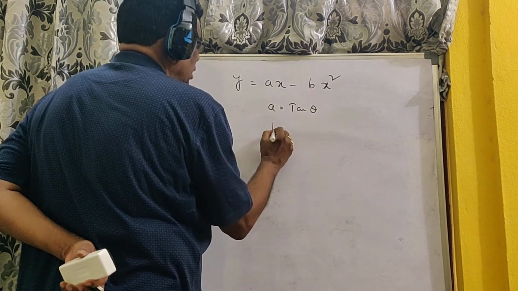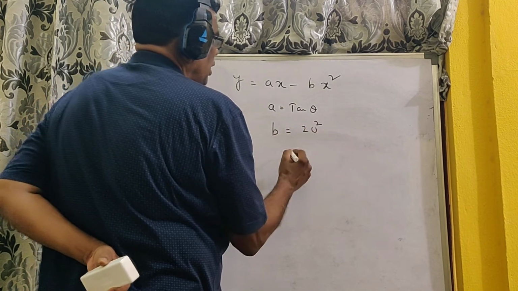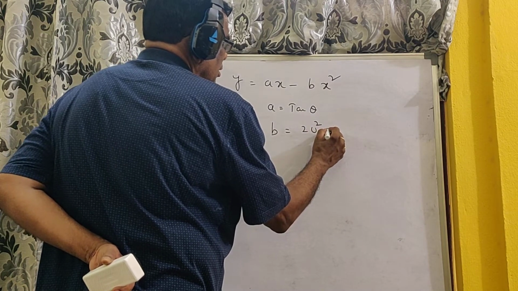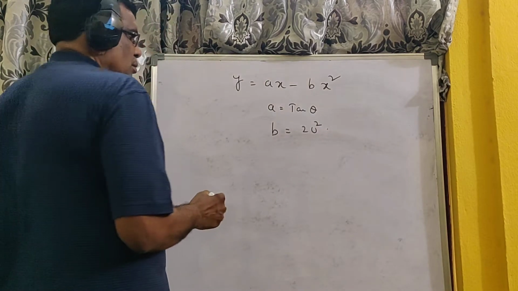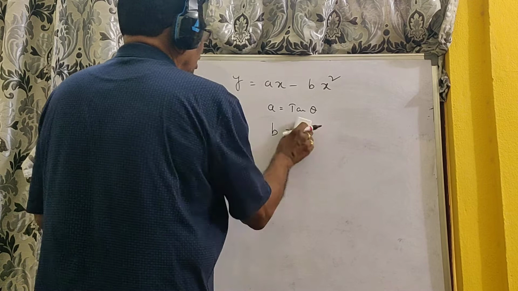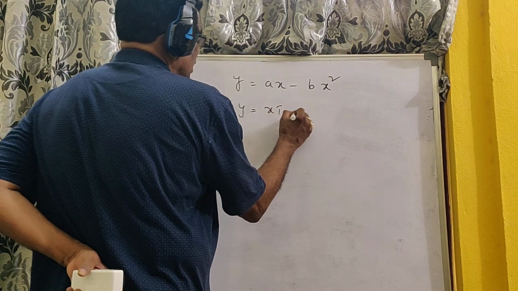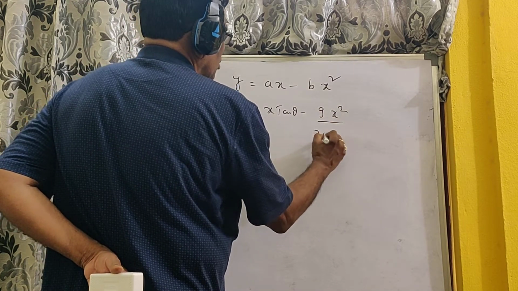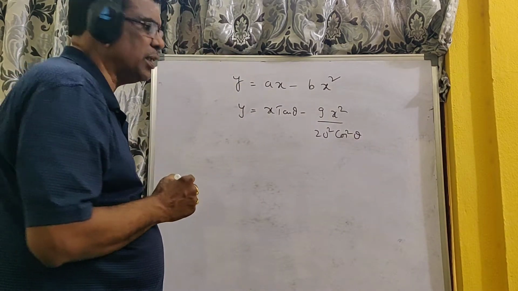What is B? Any idea? I'll write here for you. Y is equal to x tan theta minus gx square by 2u square cos square theta.